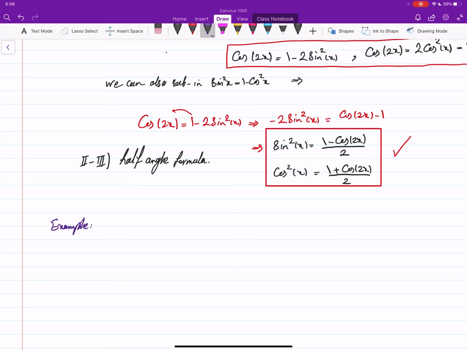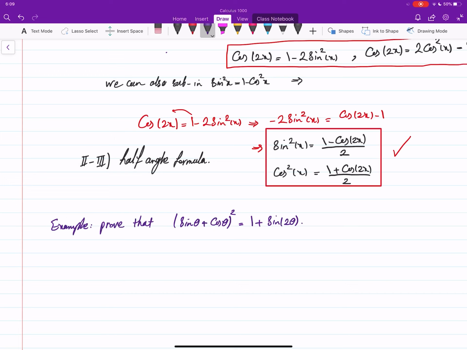Show that sine theta plus cosine theta squared is equal to 1 plus sine 2 theta.